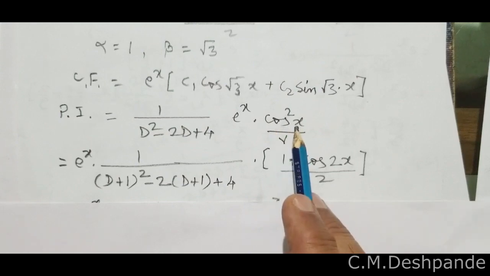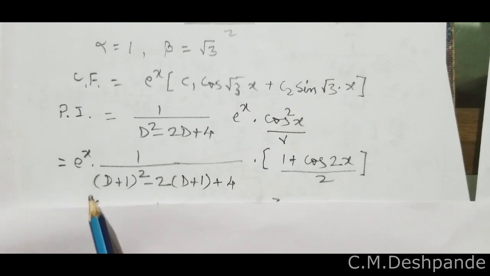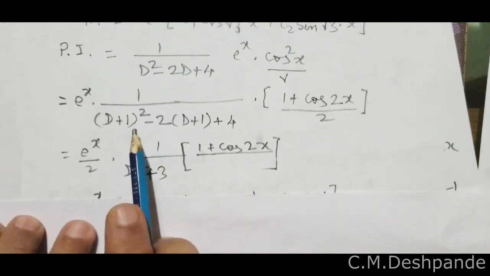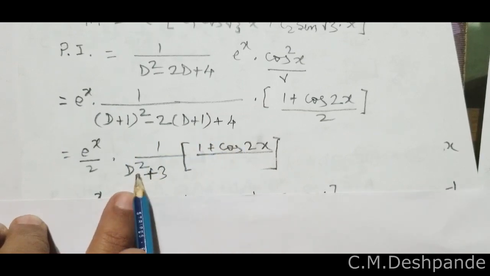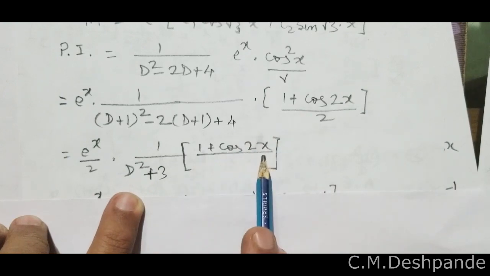square of x. And to operate on cos square, replace it by (1 plus cos of 2x) upon 2. Then these two can be taken out of the operator and simplify (D plus 1) whole square minus 2 times (D plus 1) plus 4, that is 1 upon D square plus 3 operating on (1 plus cos of 2x).